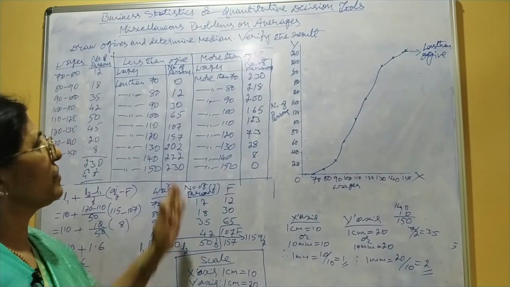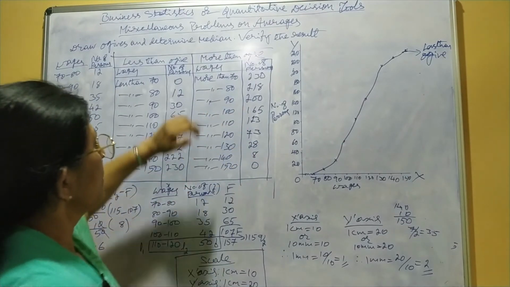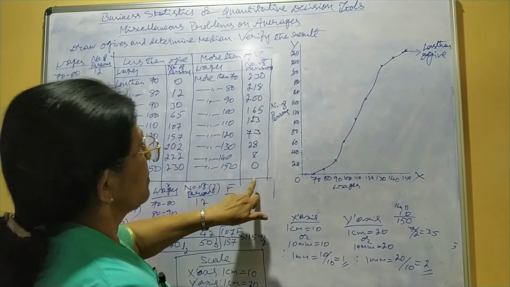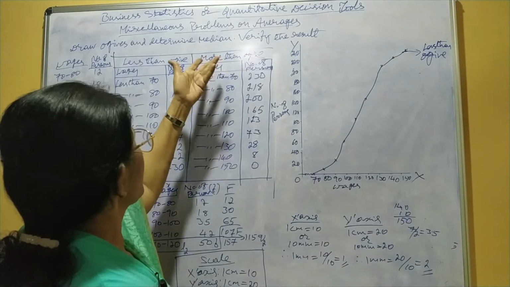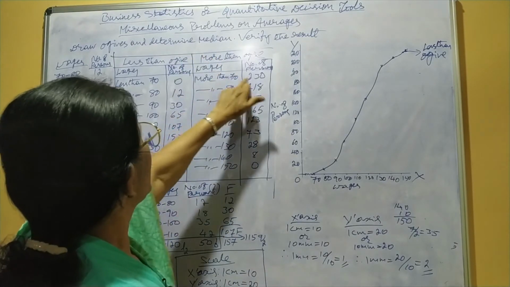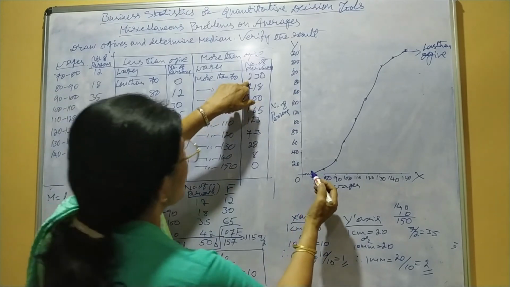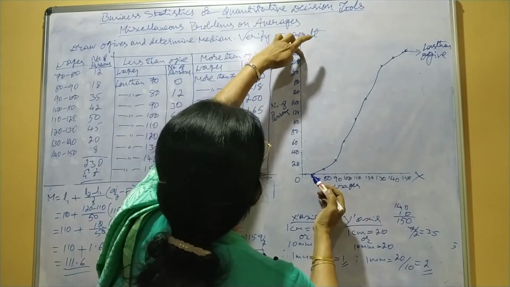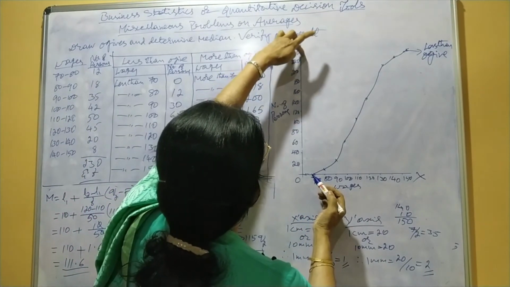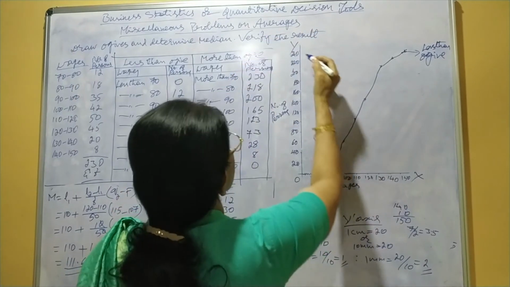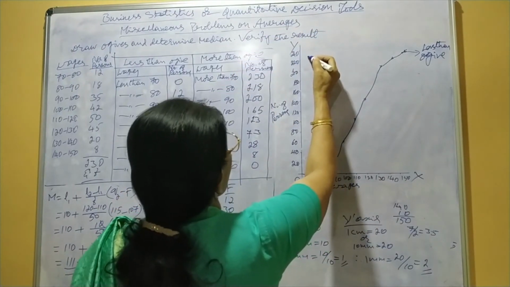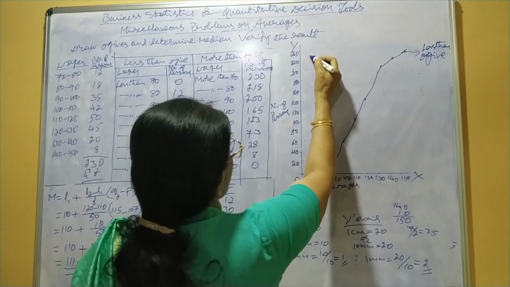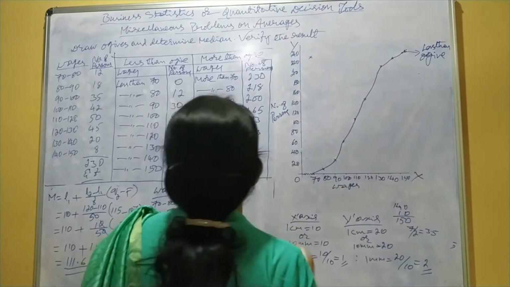In the same manner, we have to draw more than ogive. More than ogive, better you start, you may start even from the first one. More than 70, corresponding to 70, 230 means 220 plus 10, half centimeter or 5 millimeters above 220. Here put a mark.